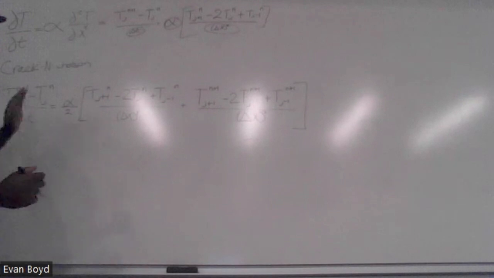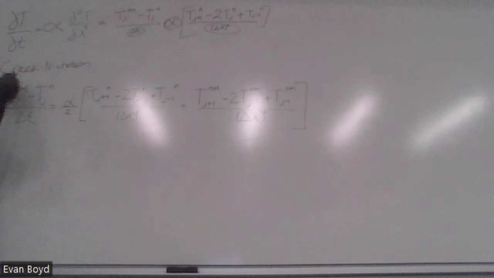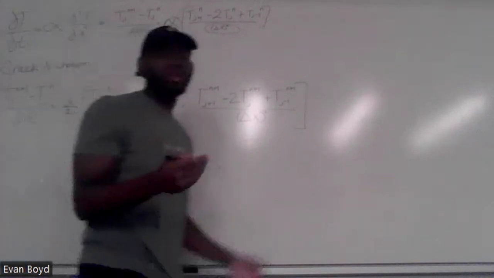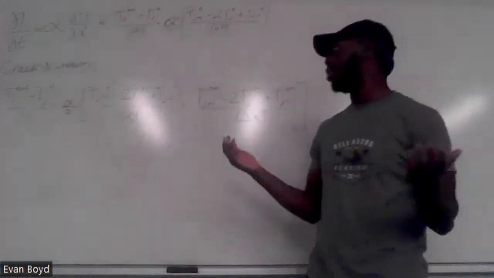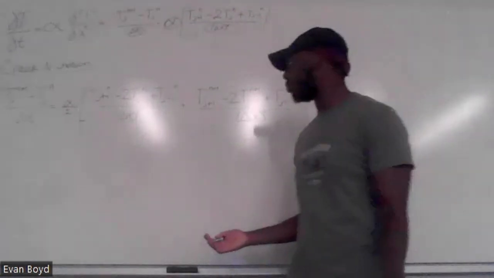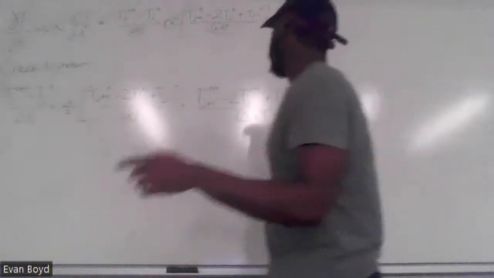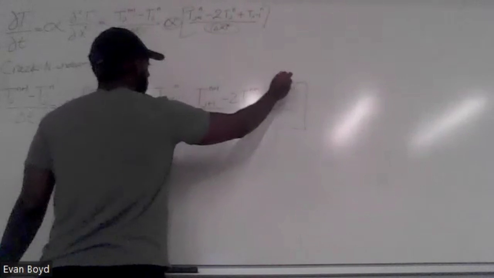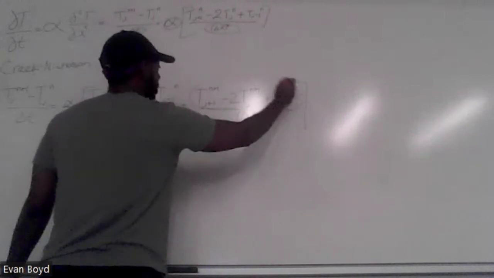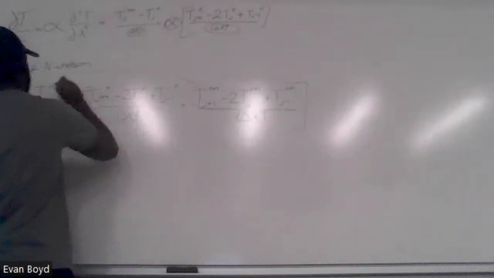So this is now the Crank-Nicolson method. This is the Crank-Nicolson equation. So we're averaging out the time at n+1 and the time at n to find our equation for Crank-Nicolson, okay? And to simplify this, we will move this side over here.